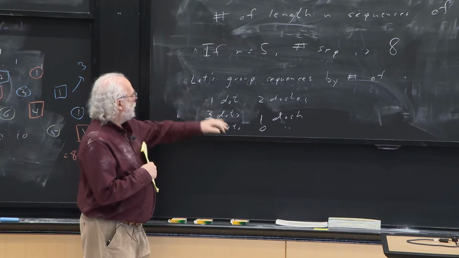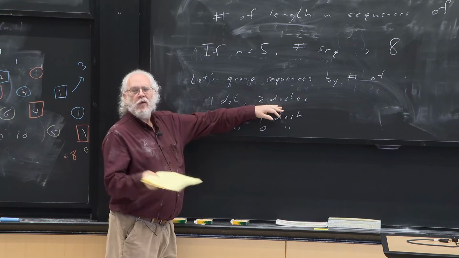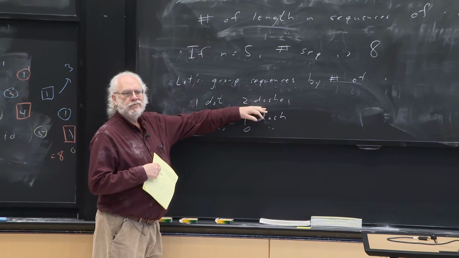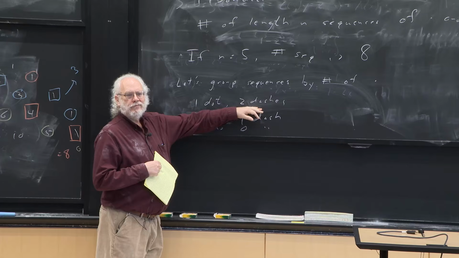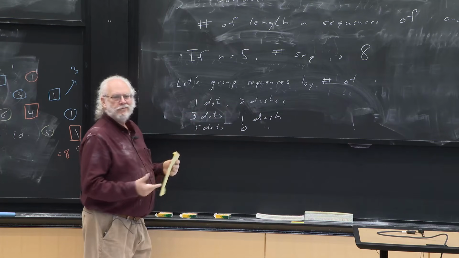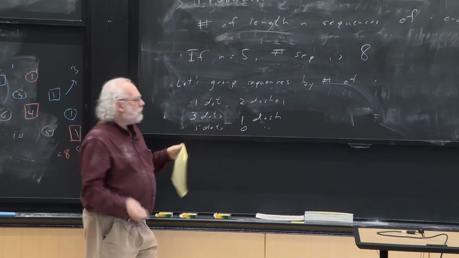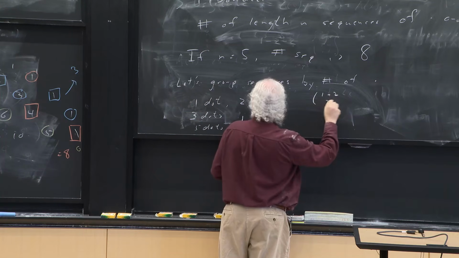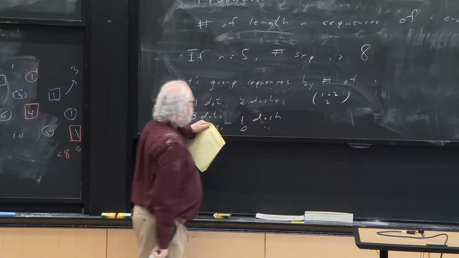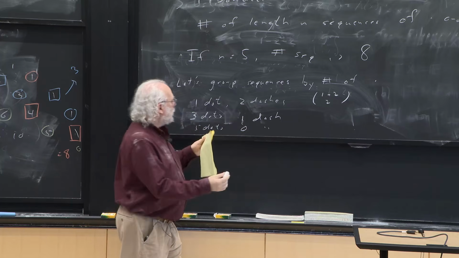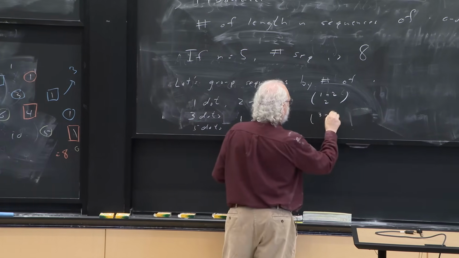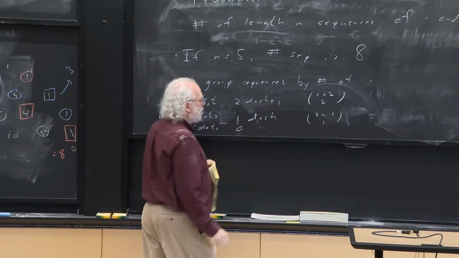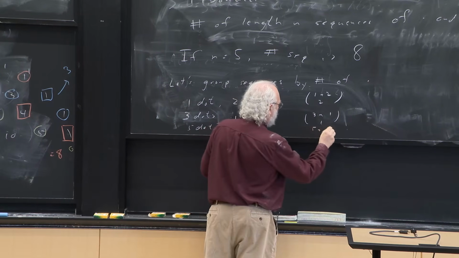So if you have 1 dot and 2 dashes, how many ways are there of arranging these things? Yeah, it's 1 plus 2, choose 2. If you have 3 dots and 1 dash, you get 3 plus 1, choose 1. And if you have 5 dots and 0 dashes, you get 5 plus 0, choose 0.